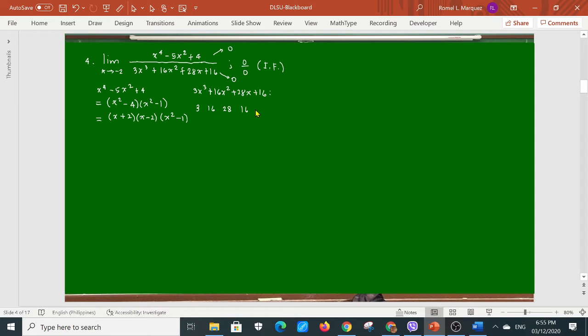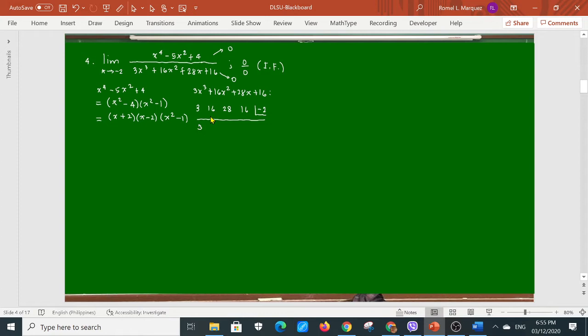Okay, guys? So guaranteed negative 2 is a root here because x plus 2 is a factor, no? So our trial number there is negative 2 because it will make the denominator 0.